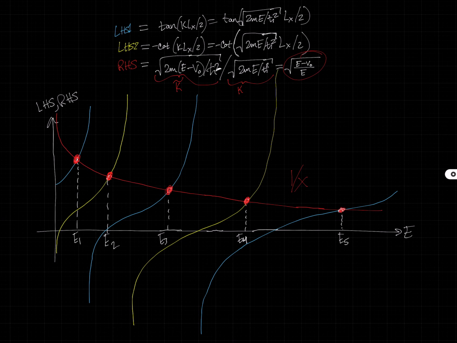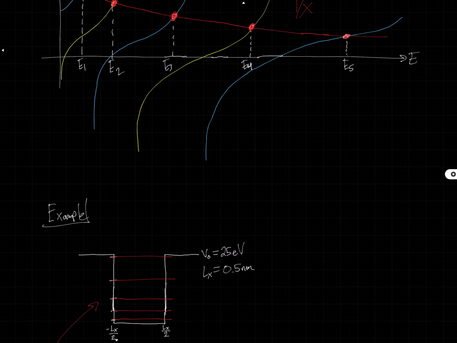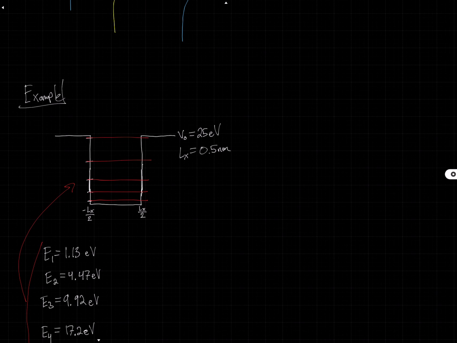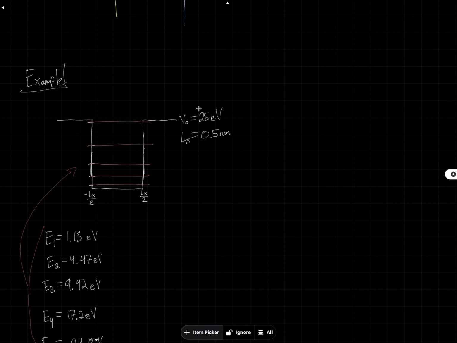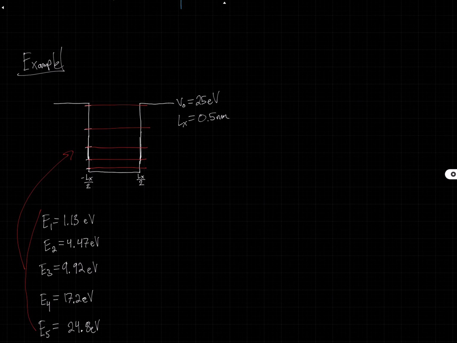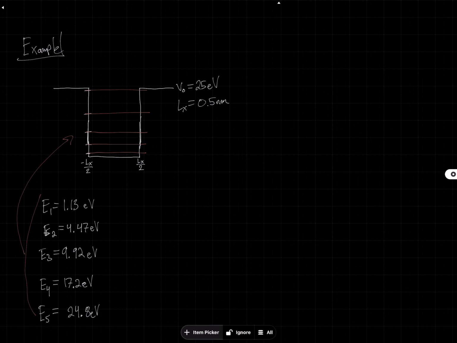And in this instance, this is one example. I took a case where V naught was equal to 25 electron volts and a well width of 0.5 nanometers. So we have a finite potential, of course, and these are the energy eigenvalues over here.